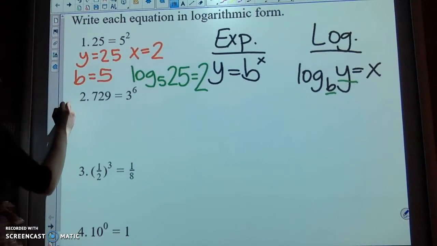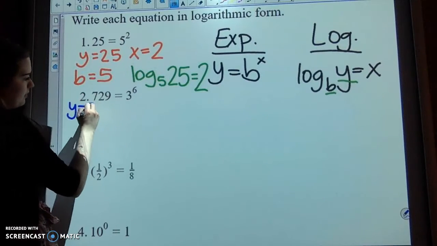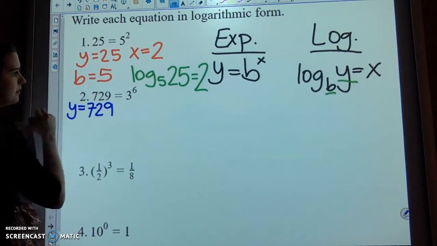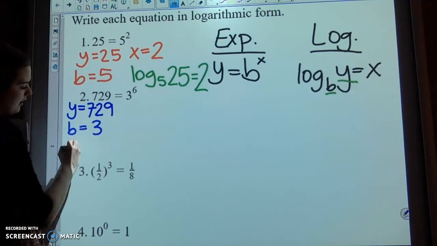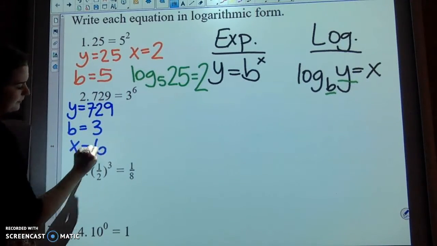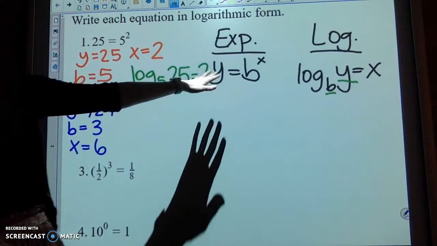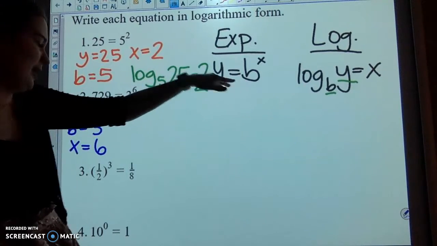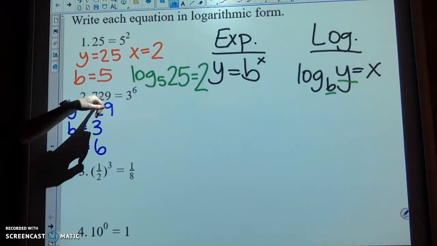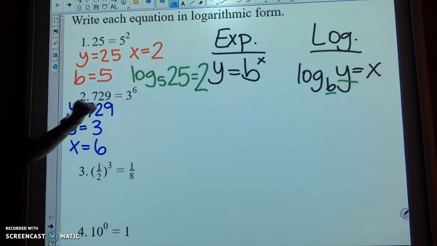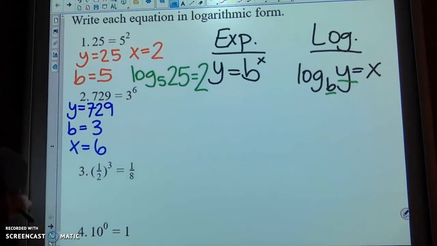We have y is equal to 729. Our b is equal to 3. And our x is equal to 6. All right, I'm just taking my y equals b to the x, and I'm just writing down the corresponding parts from this equation here.